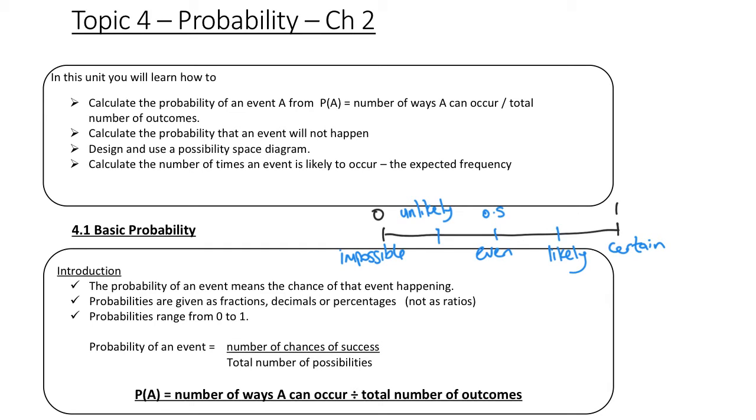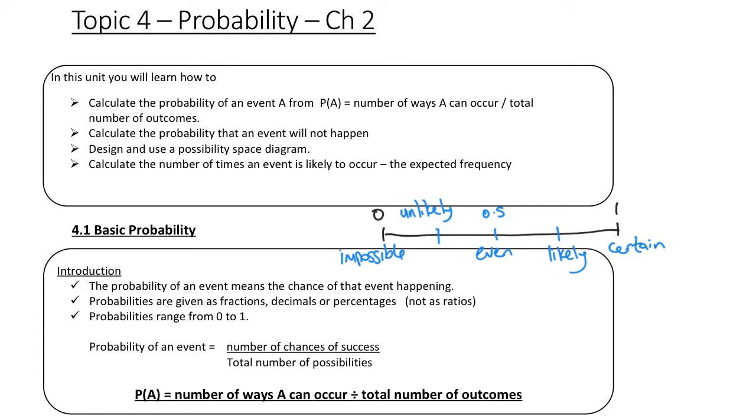The way we work out probability then, to get it into a number rather than just thinking about it in terms of words, we use the formula that the probability of an event, whatever that happens to be, is going to be the number of chances of success divided by the total number of possibilities.